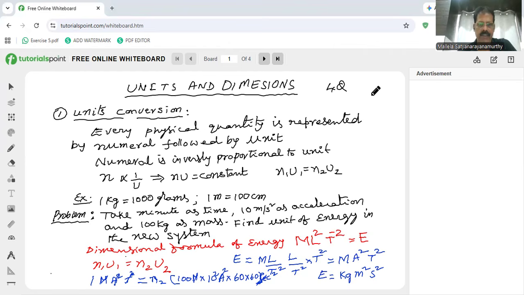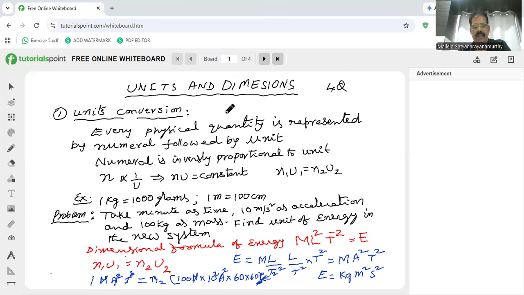My intention is to benefit the students and make more doctors. So in this aspect, today I want to explain the chapter Units and Dimensions.